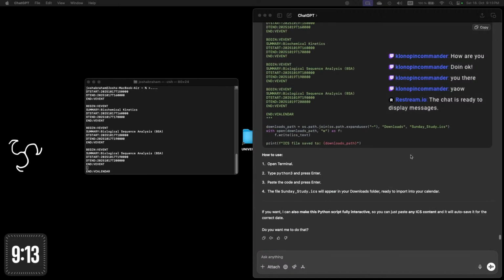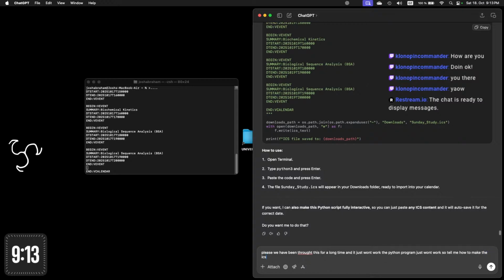No, don't give me the Python bullshit. Please, we have been through this for a long time and it just won't work. The Python program just won't work. So tell me how to make the ICS using terminal.